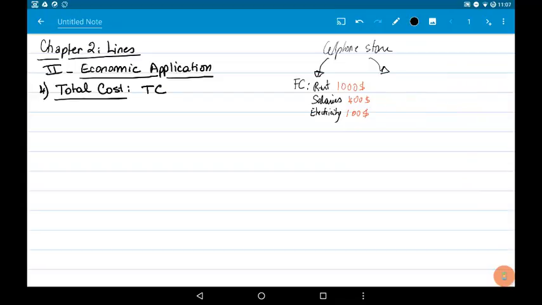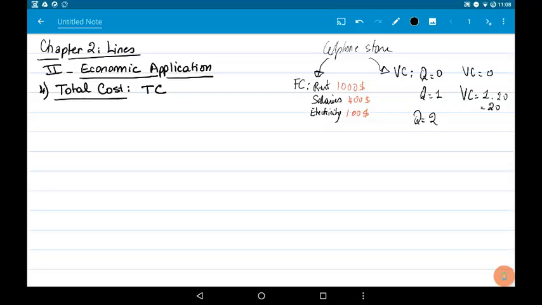The second type of cost is the variable cost, the one that varies with quantity. So you want to sell cell phones. If you have 0 cell phones in your store, then your variable cost is 0. If you have 1 cell phone in your store and the cost for 1 cell phone is $20, then your variable cost is 1 times $20, which is 20.